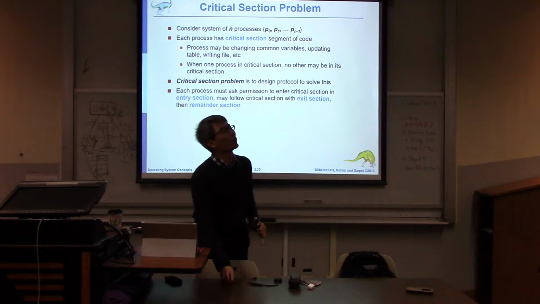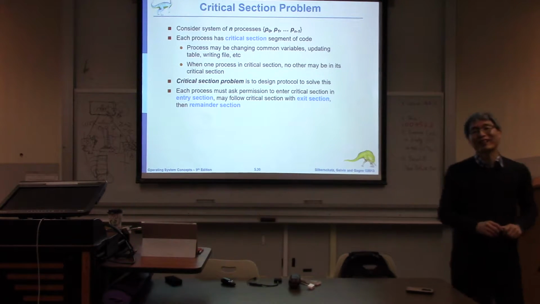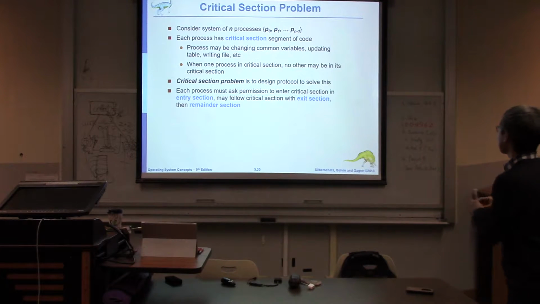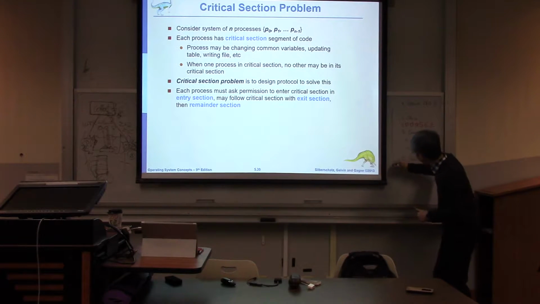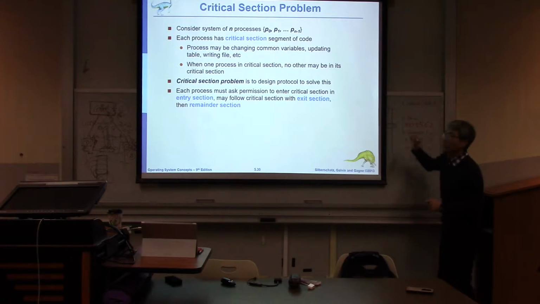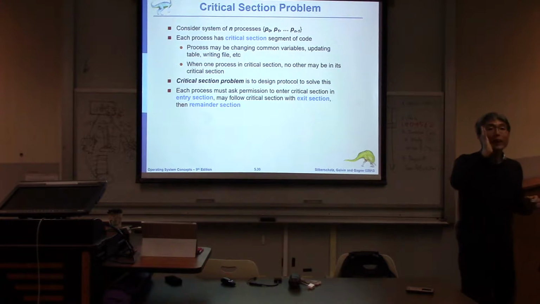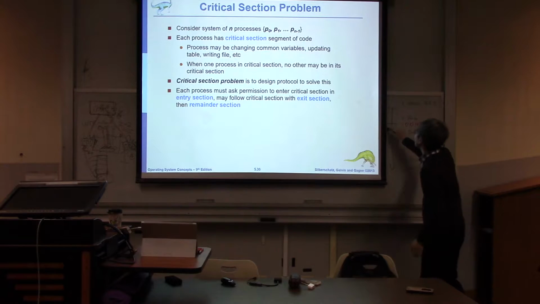We are going to define the critical section. Critical section means we have a sequence of instructions in a process, and at a certain part we are going to read, update, and manipulate the shared data.